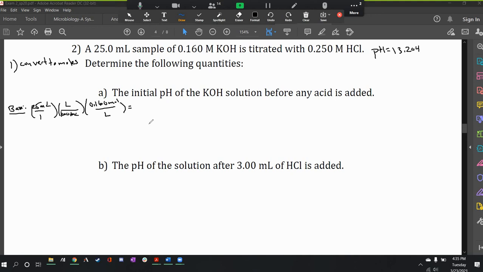So we get 25 times 0.160 divided by 1,000, which is 0.004 moles of base, OH minus.